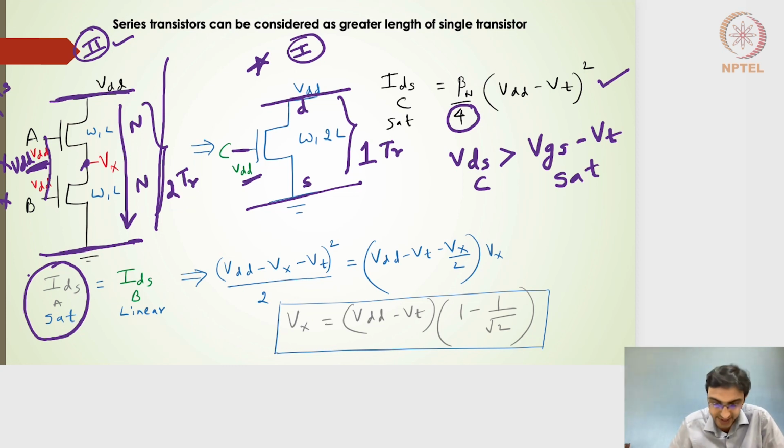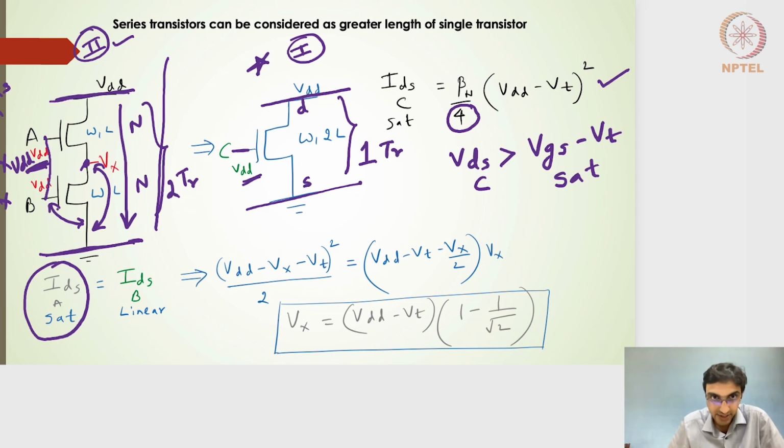Transistor B, if I look into it closely, the input is VDD. So VGS is VDD. Vx is there, which we don't know the value of. So VDS for transistor B here is Vx minus 0. Is it possible that the Vx value can be greater than VGS minus VT?